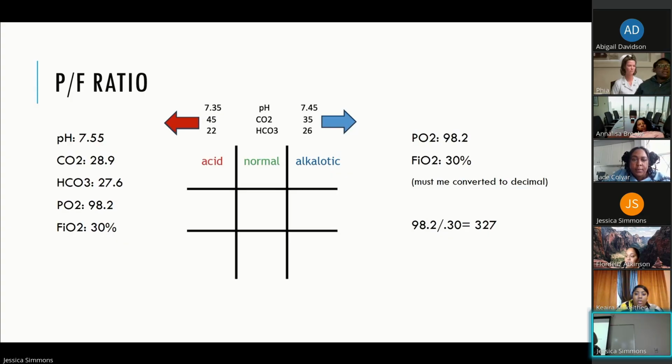Our CO2 is 28.9. And our bicarb is 27.6.